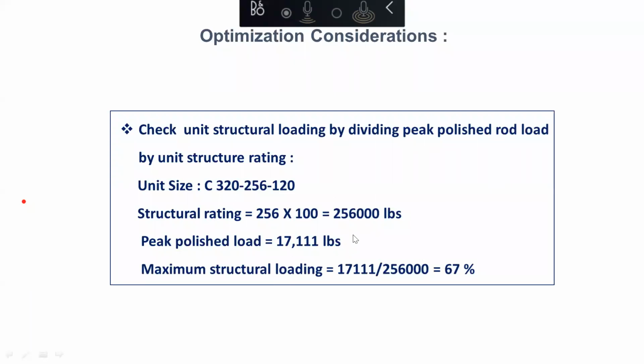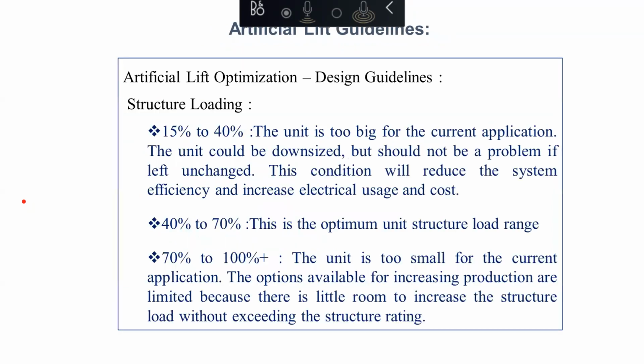If it's more than 60 to 70, you may want to increase your unit size. This is how your structural loading works. If it's too low, that means your unit is too big, so you want to reduce your unit size. 40 to 70 is your optimum unit structural load. If it's more than 70, you are going to increase the unit size.